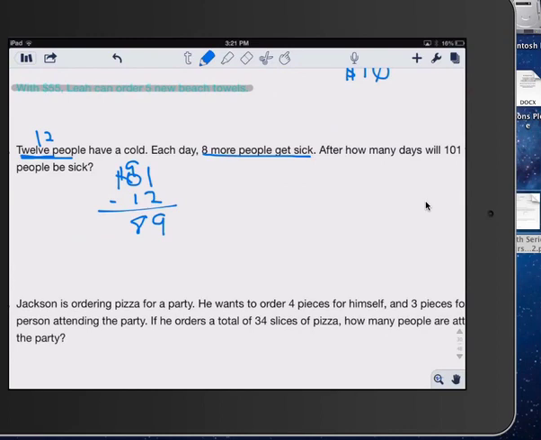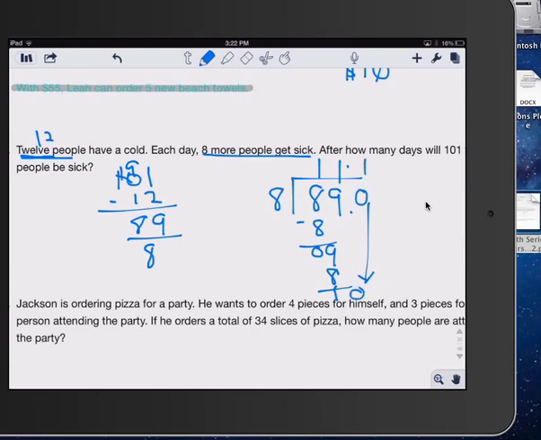Each day 8 people get sick, so divide it by 8 to find the number of days. And that gives you, let's see, 89 divided by 8, 11, remainder of 1. We can put 1 here, put a dot and 0.